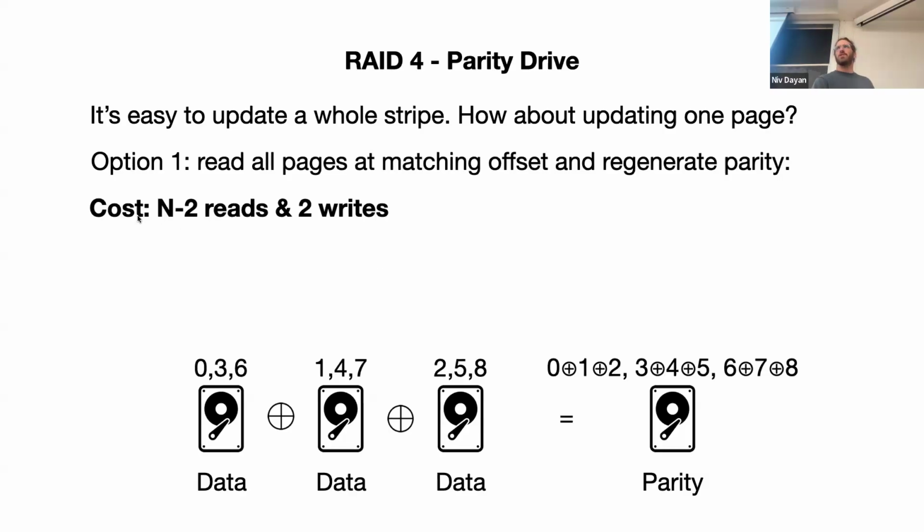If I have n drives, I have to do an additional n minus 2 reads, because I have to get all the other pages to reconstruct the original stripe. And then I have to do 2 writes: one to the drive where the page that I want to update actually resides, and one update to the parity drive.